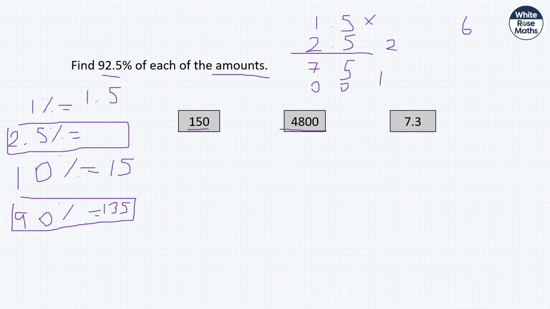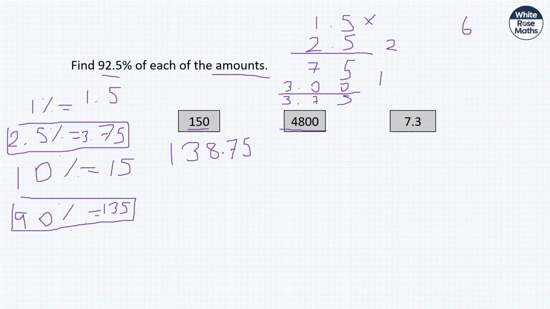Carry the 1. 2 times 1 is going to be 2 plus 1 is going to equal 3. Adding my answers together, I'm going to get 5, 7, 3. Decimal point is going to go here. So 3.75. So adding my answers together, it's a bit trickier. It's going to be 138.75.